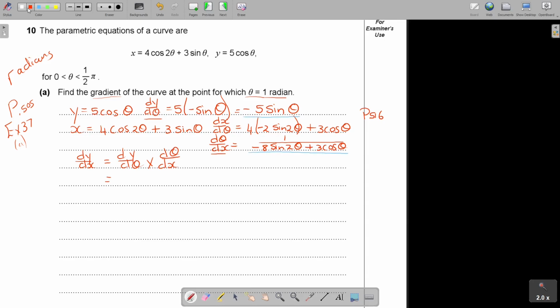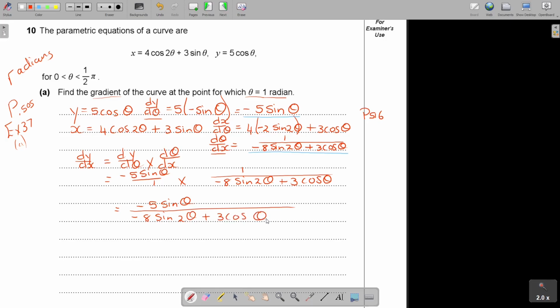So if I multiply, I'm going to say negative 5 sin theta over 1 multiply 1 over negative 8 sin 2 theta plus 3 cos theta. That gives me negative 5 sin theta over negative 8 sin 2 theta plus 3 cos theta.